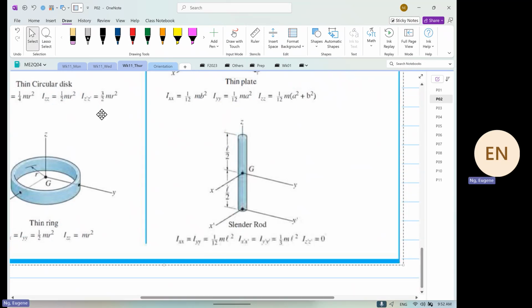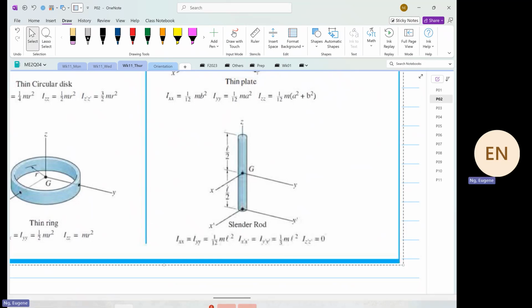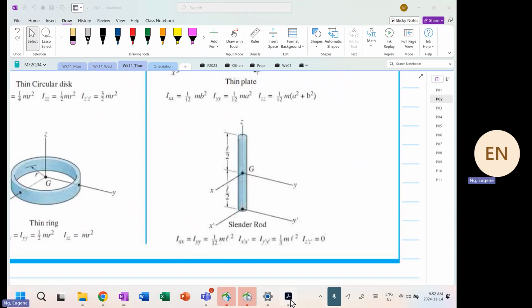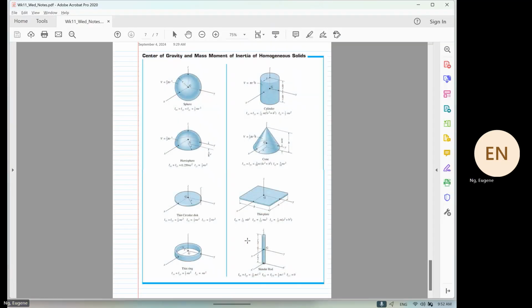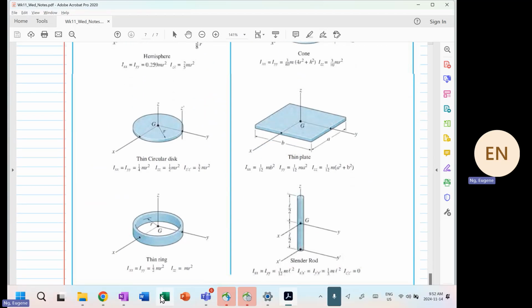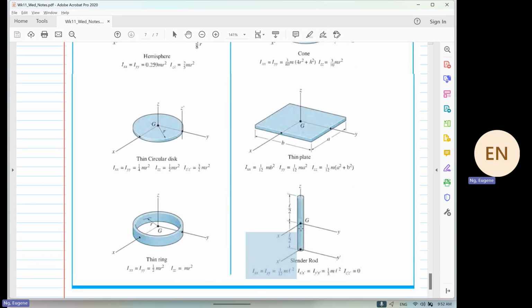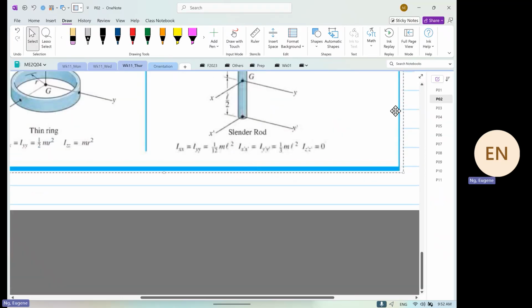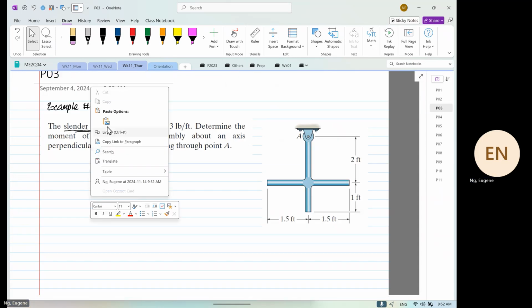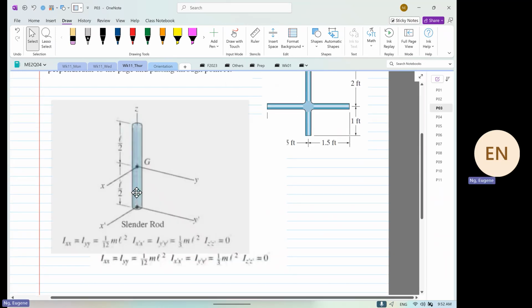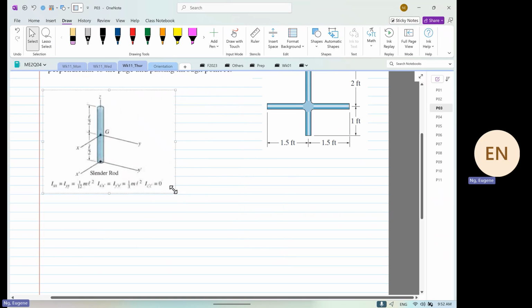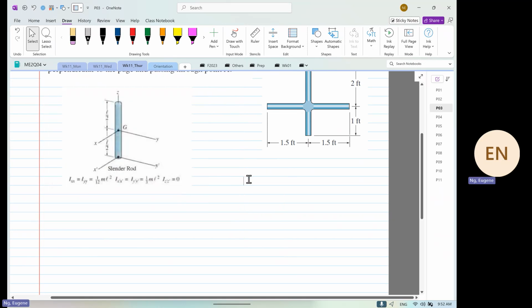From here, all you need to do now, you go to over here, or you go to the image, and you're going to take this thing. Okay. And then we are going to come here, and we're going to paste here. Why I took this diagram? Because this is the diagram that we are going to use.